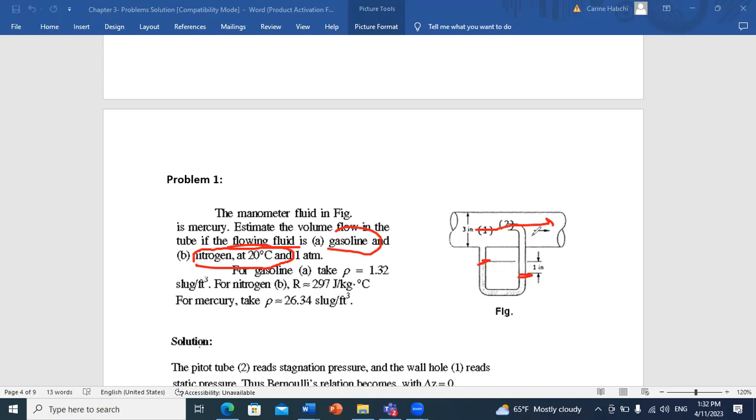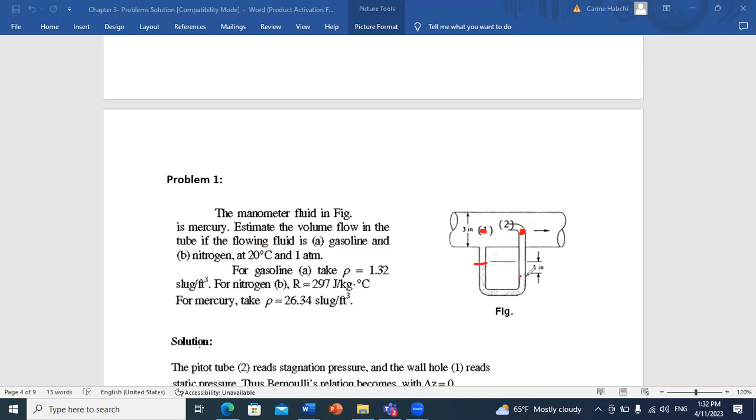In general, if you remember, manometers can help us to find variation in pressure. So if I compare this section to this one, I will have different pressure because of the variation in elevation here.